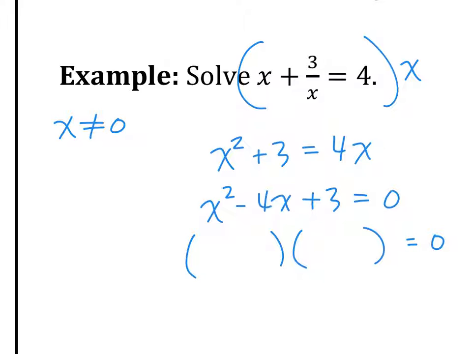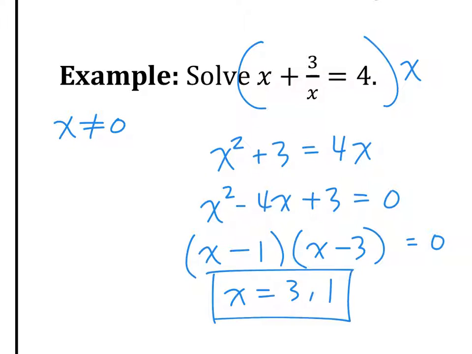So go ahead and factor and solve. The answer just can't be 0. If it's 0, you can't choose that one. All right, x minus 1, x minus 3. So x is equal to what? 3 and 1. All right, none of them are zeros. There is no need to check. That is the answer. So this is probably the fastest way to solve this.